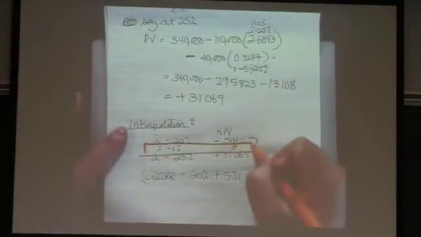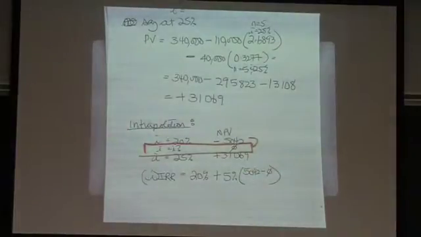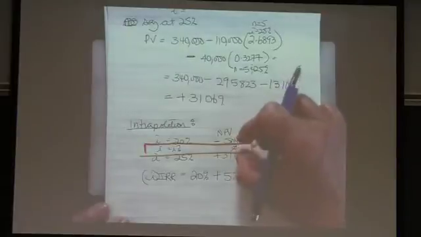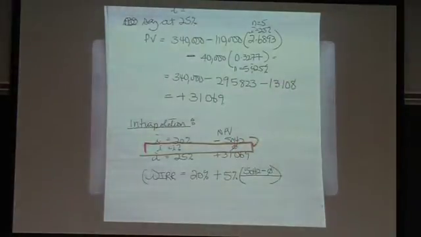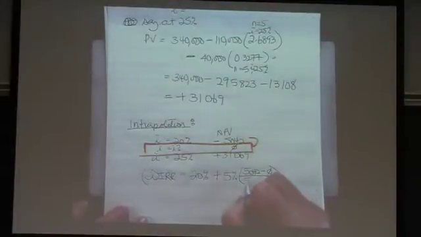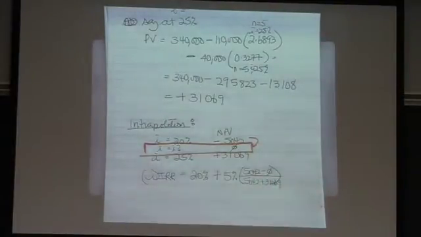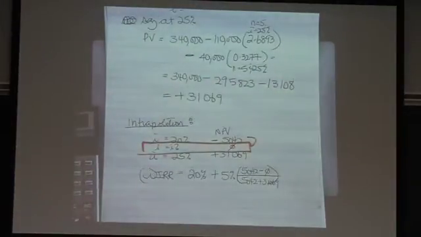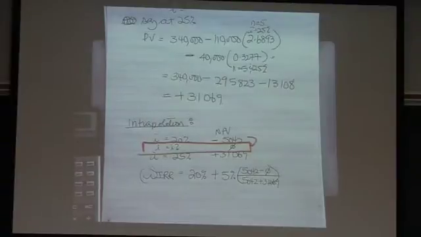So I know it's between these two. It's 5042 divided by the sum of these two. I need to come up with a whole number, right? I have to look at the absolute number. 5042 plus 31,069. I want to make sure that this number is right, first of all. So 295,823 plus 13,108 minus 340. Yeah, this is right.